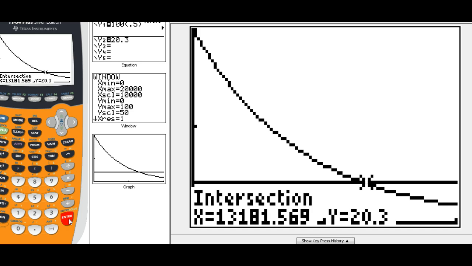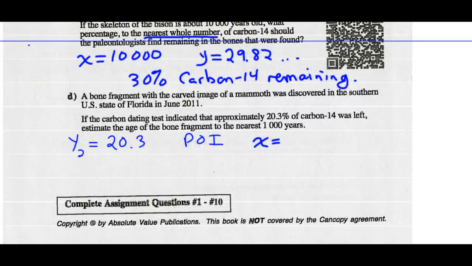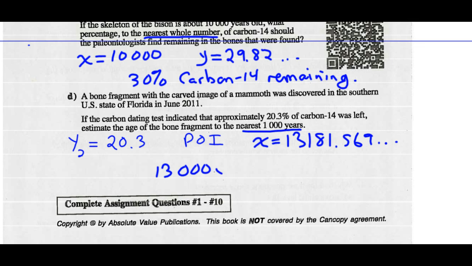X is 13181.569 and so on. It wants it to the nearest 1,000 years, so that looks like about 13,000 years old.